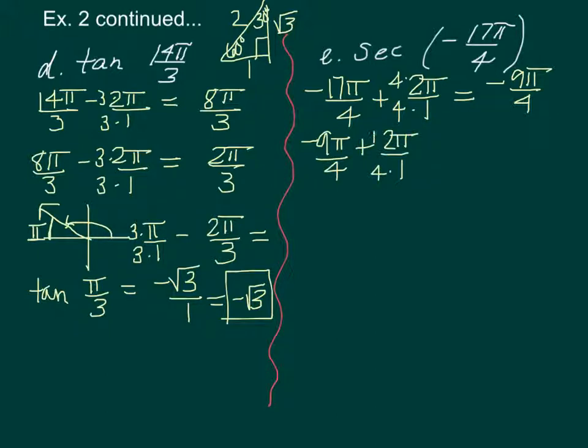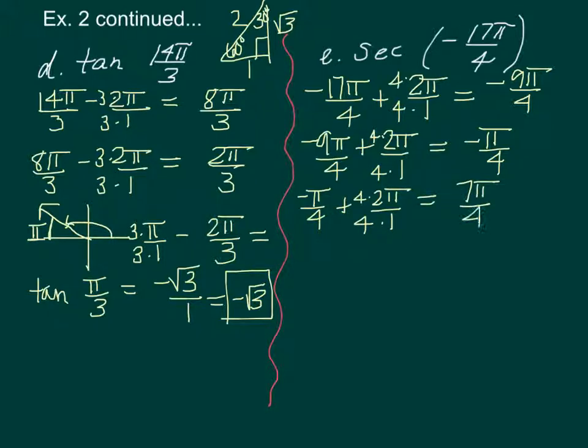Get a common denominator. Negative 9 pi over 4 plus 8 pi over 4 is negative pi over 4. And I'm going to add 2 pi again. Negative pi over 4 plus 8 pi over 4 gives us 7 pi over 4.